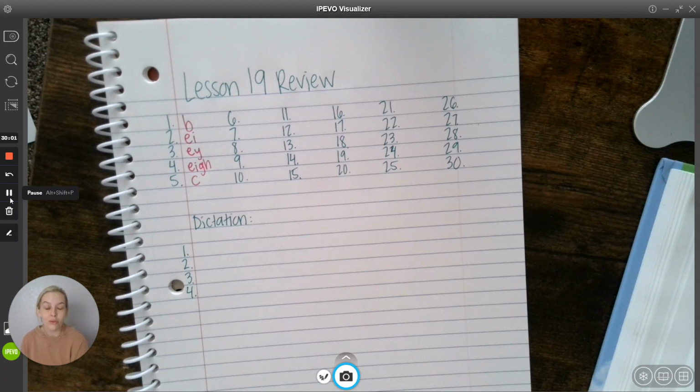Number 6, ow, o, oo, that may not be used at the end of English words. Number 7, oi, that may not be used at the end of English words. Number 9, I, e.